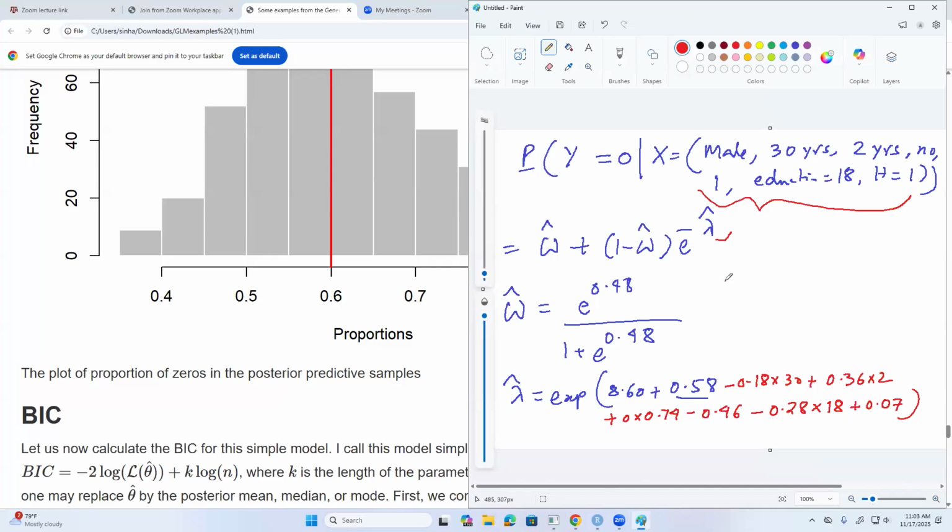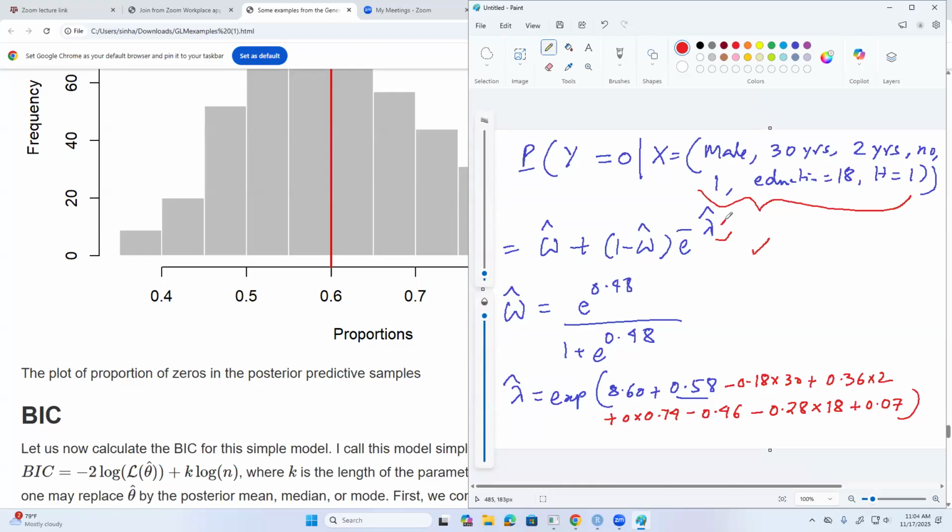So going back to this question, this was her question. If I want to calculate the probability y equal to 0, I use this lambda hat, right? This lambda hat was calculated based on the zero inflated model's output. This lambda hat is not the Poisson distribution's output. If I had used the Poisson distribution output, then it would be wrong. So this lambda hat must be from the zero inflated model.